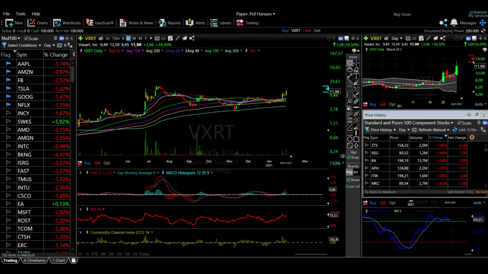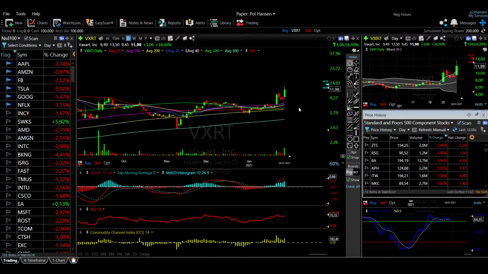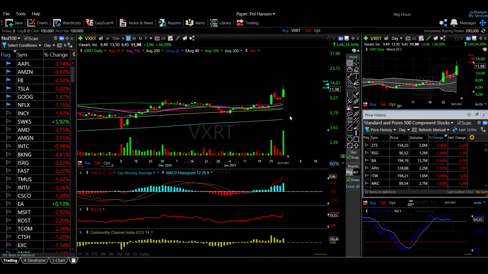I can take both. So if you are buying this, probably good idea to take your money right now. Main reason, it is very, very overexposed. So we are significantly outside here in the Bollinger Band, and if you look at the RSI, it is at 79 at this current stage.